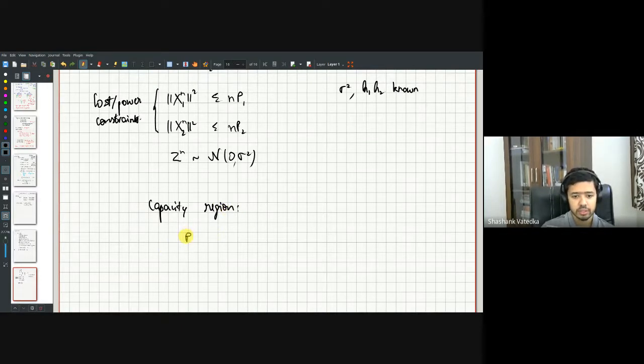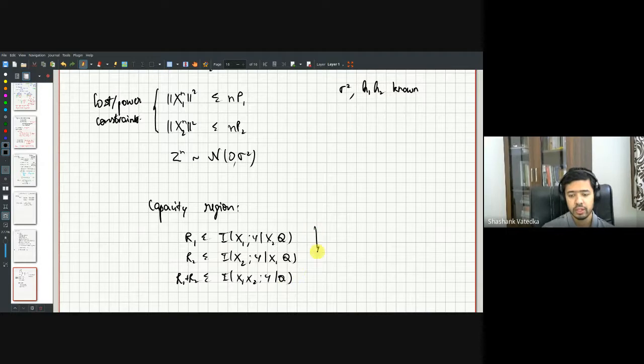It is the set of all R1, R2 satisfying R1 less than or equal to the mutual information between X1 and Y given X2, Q; R2 less than or equal to the mutual information between X2 and Y given X1, Q; and R1 plus R2 less than or equal to the mutual information between X1, X2 and Y given Q. We look at this over all possible densities f(x1|q), f(x2|q), p(q), where Q can be taken to be binary.